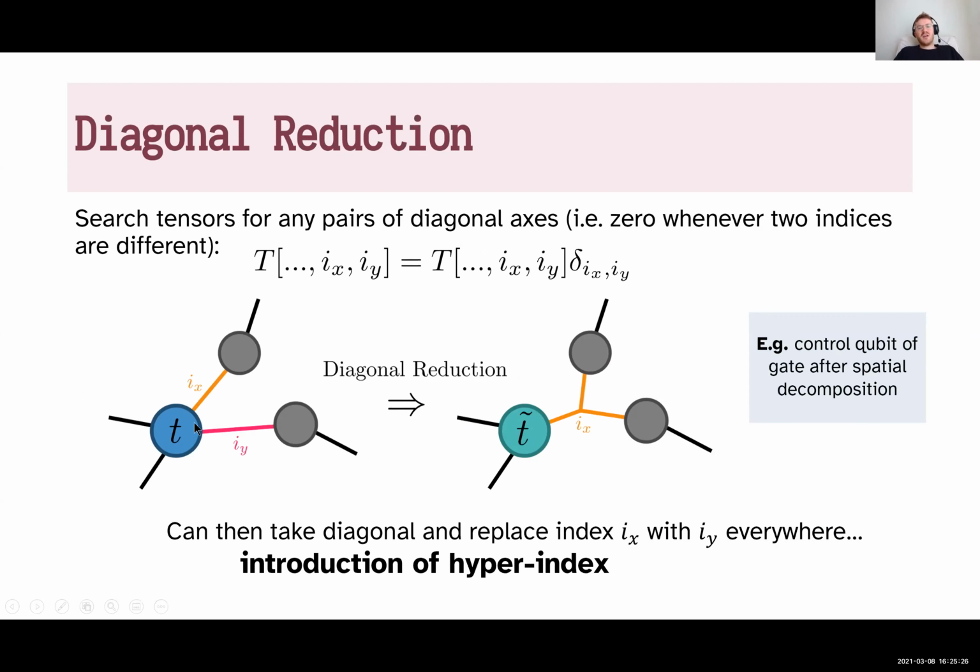So you can basically take the diagonal of this tensor, reduce it to a single index, and just by relabeling this anywhere, essentially propagating the copy tensor through, you've now generated a hyperindex in your tensor network, which should be much more efficient to contract.